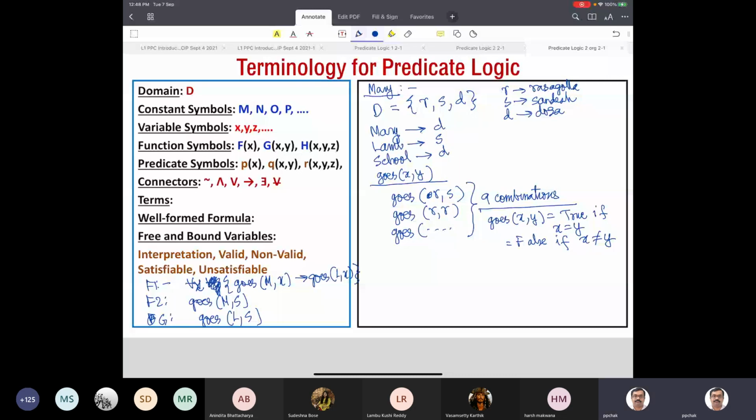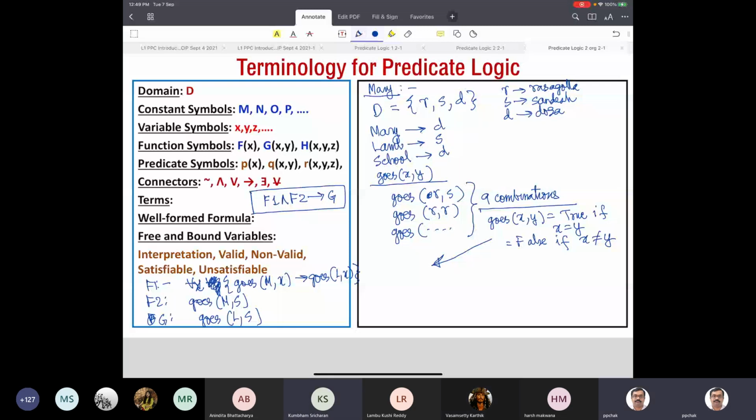And what will I have to prove? F1 and F2 implies G. Now under this interpretation, is F1 true or what? False.